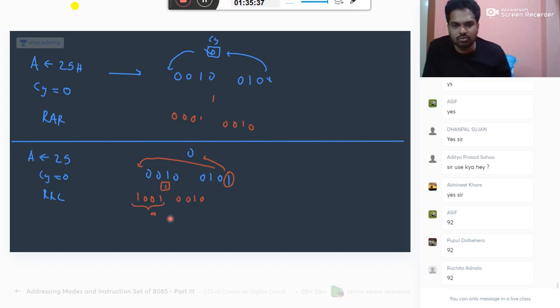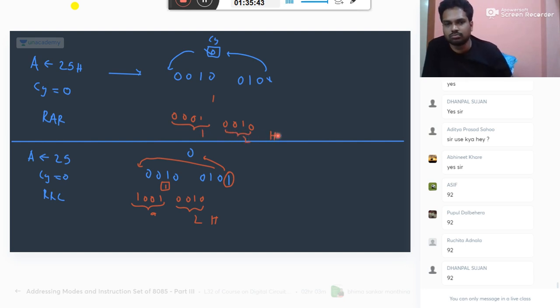So you have 25 in the accumulator, carry equal to 0. Or 85, you take. Then you say rotate accumulator left. 85 is this one. Now the simple way: rotate accumulator left, only this bit.